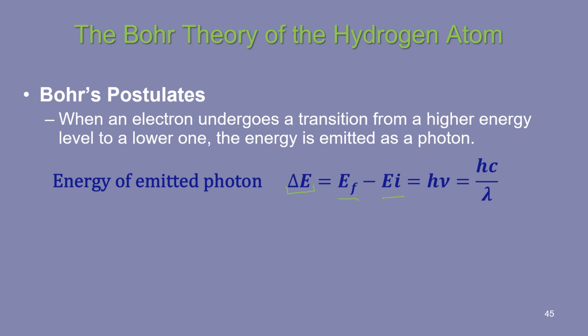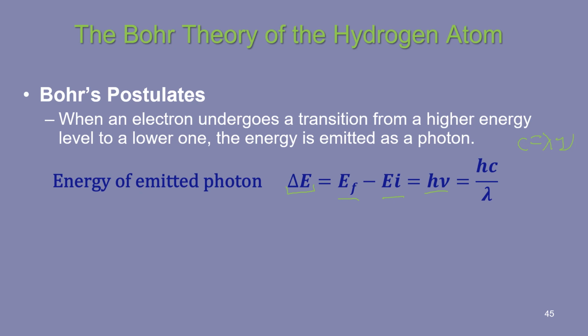And we know that energy equals h nu from our previous work. Since lambda nu equals c, if you plug in c over lambda in place of nu, then energy equals hc over lambda.